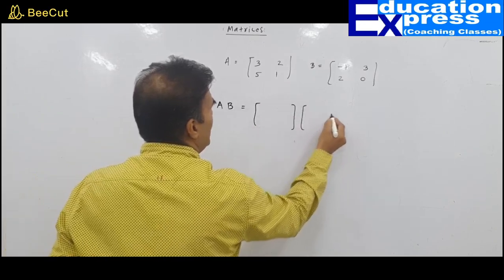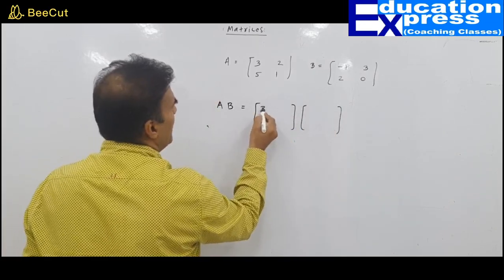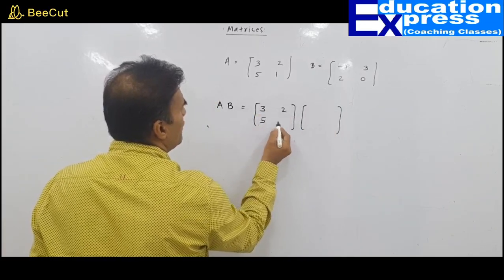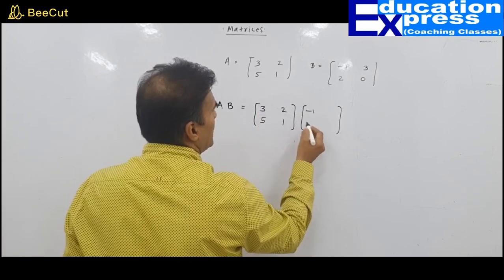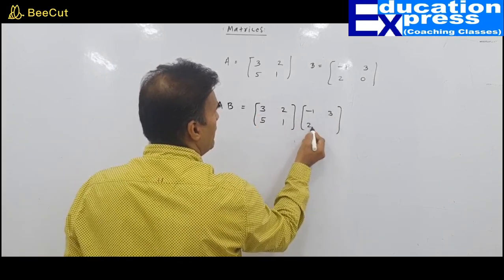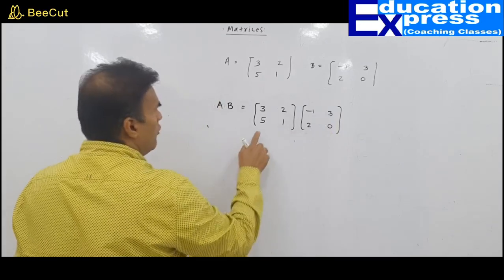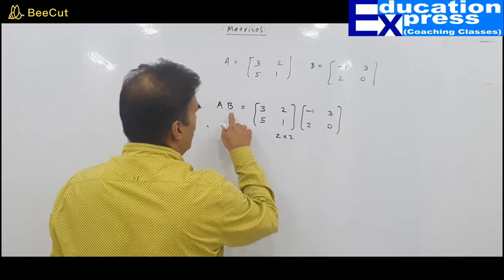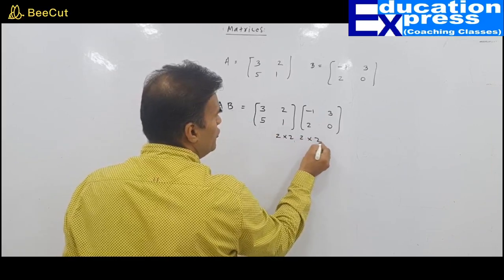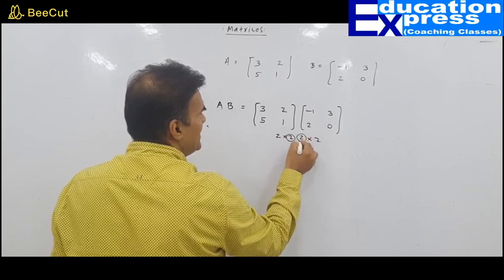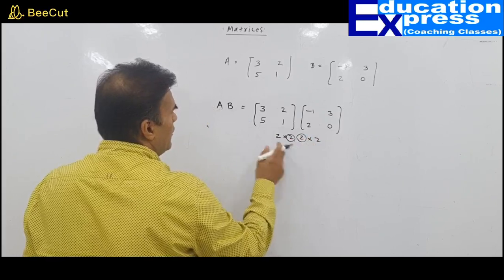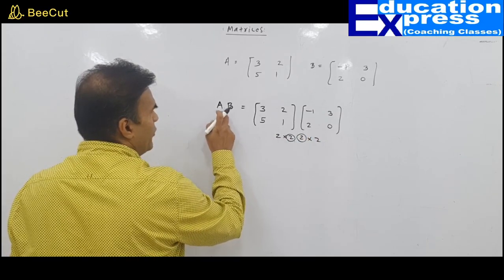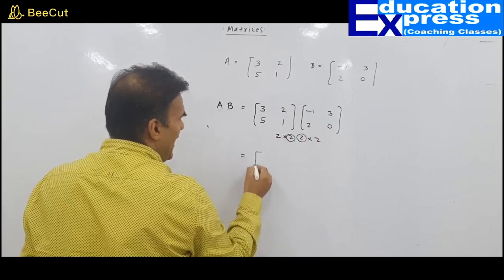So first place matrix A and B respectively. 3, 2, 5, 1, minus 1, 3, 2, 0. What is the order of matrix A? 2 into 2. About the order of matrix B? 2 into 2. Since these two numbers are same, the product AB will exist.